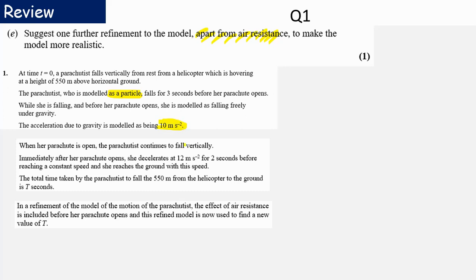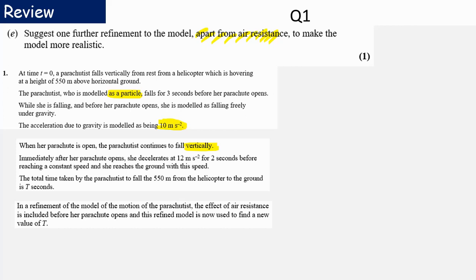When a parachute is open, the parachutist continues to fall vertically. Well, if you've looked at people parachuting, and you might not necessarily be aware of this one, you don't tend to just fall vertically once your parachute's opened. You tend to be dropped from a plane, so you've got some forward motion to start off with. So there's a bit of horizontal motion mixed up in the vertical motion. Immediately after her parachute opens, she decelerates at 12 meters per second squared.